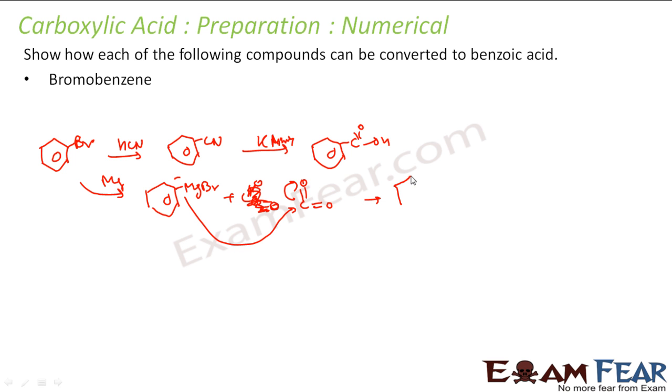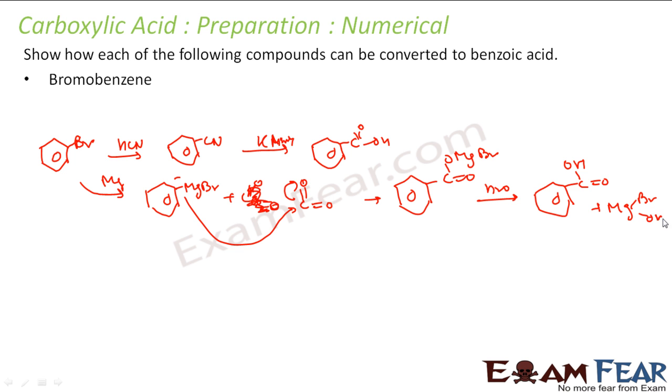So this becomes COOMgBr. You hydrolyze with water, and what will happen is this becomes H and this becomes OH, giving COOH and MgBrOH. So you can use any of these methods.